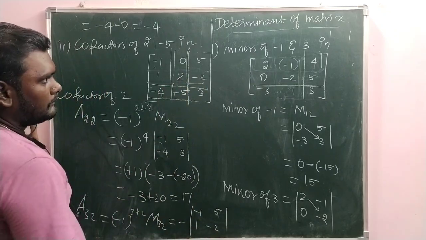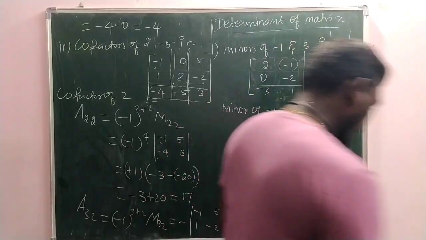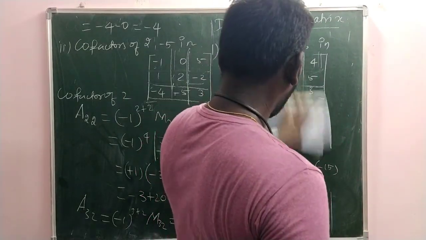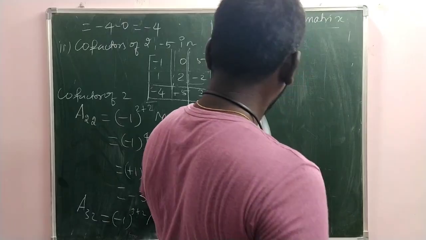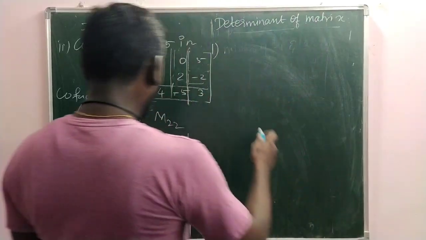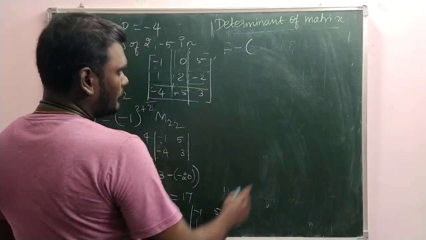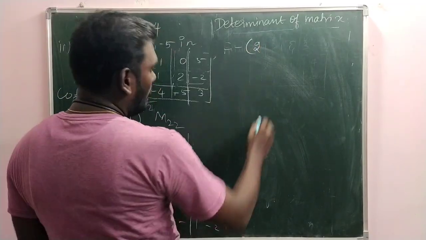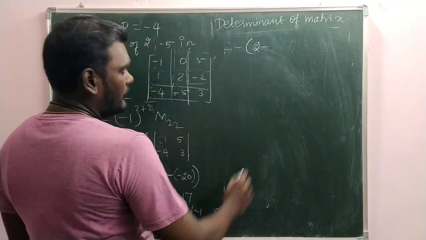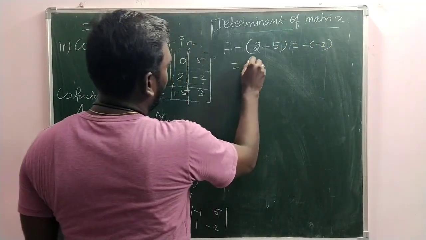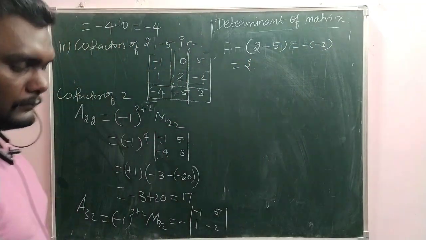Now multiply. So this is minus of (-1 into -2, which is +2, minus 1 into 5, which is 5). So we'll get minus of -3. Answer is 3.